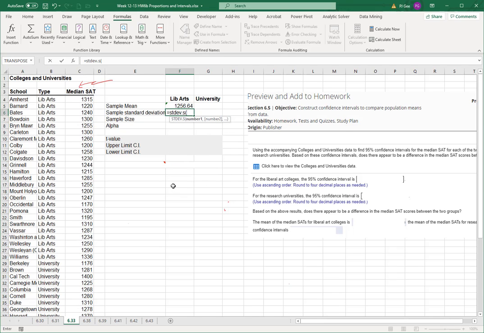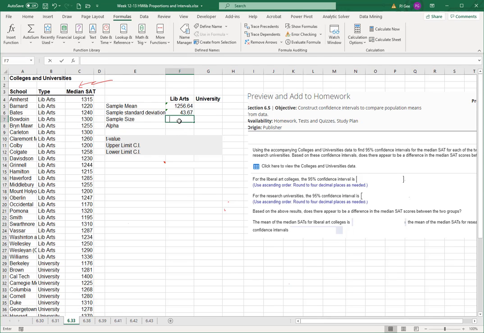We're using the S now. Remember, this is the time when we use the sample standard deviation. We could have named this range, but I didn't do that. Let me make sure it looks through C4, yeah, that's good.